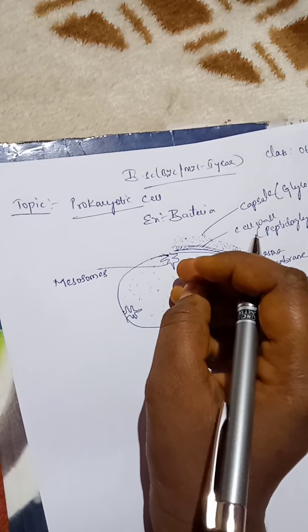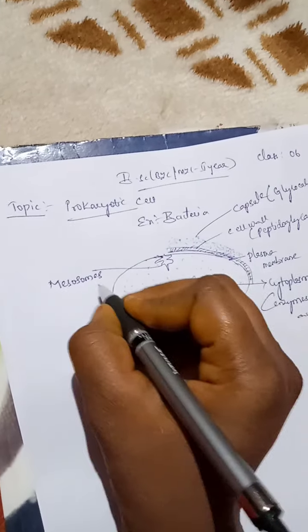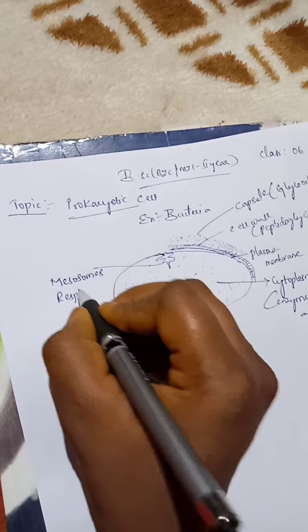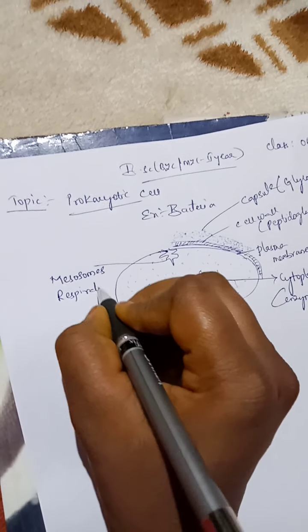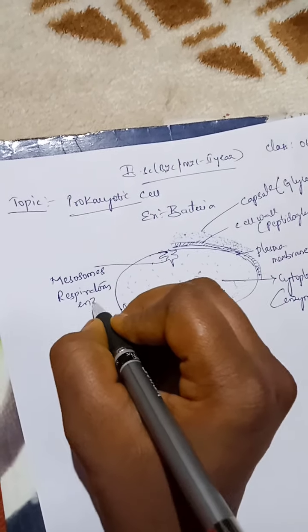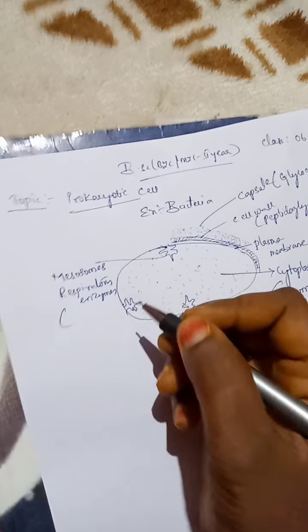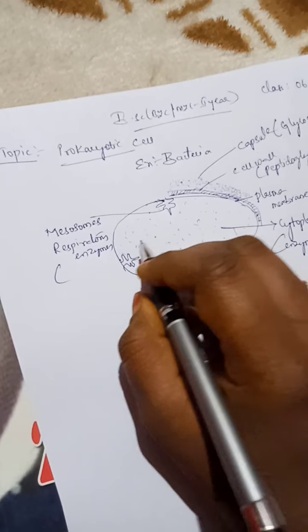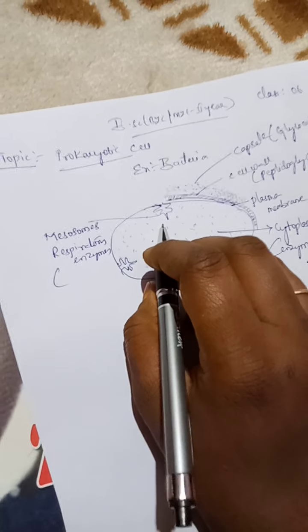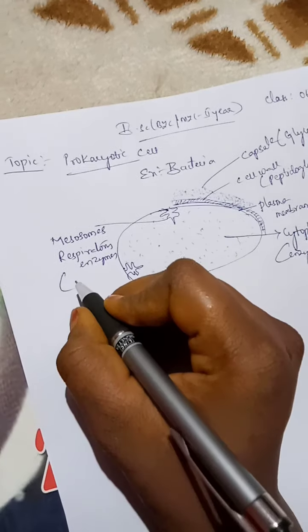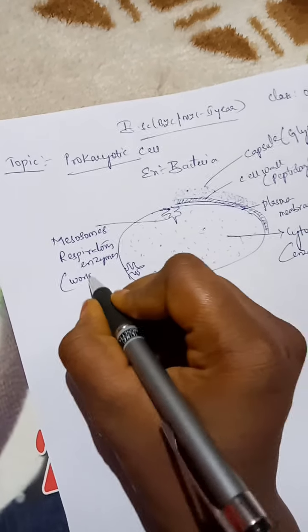For breaking down. The mesosome consists of respiratory enzymes, which are involved in breaking down to release energy. So they act like, or work like, mitochondria.